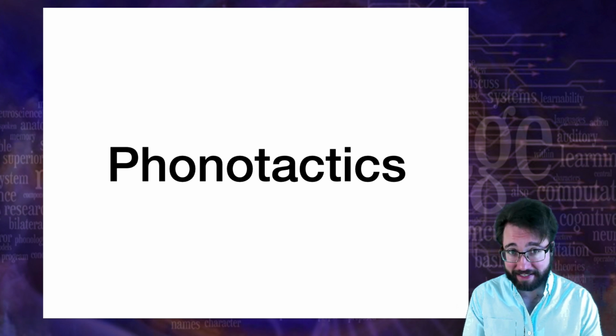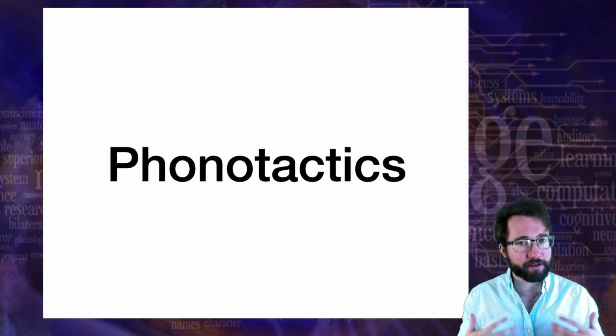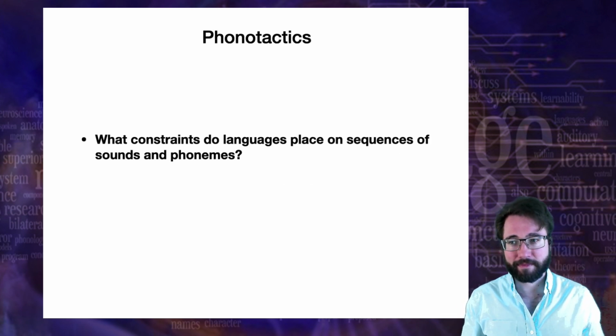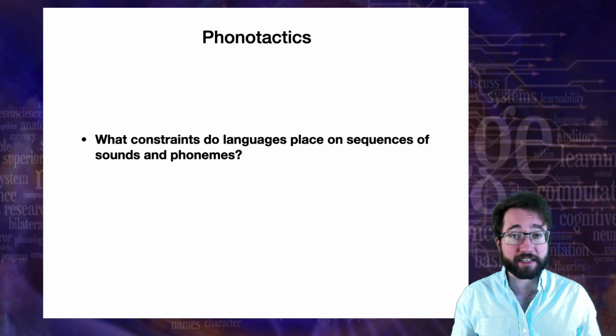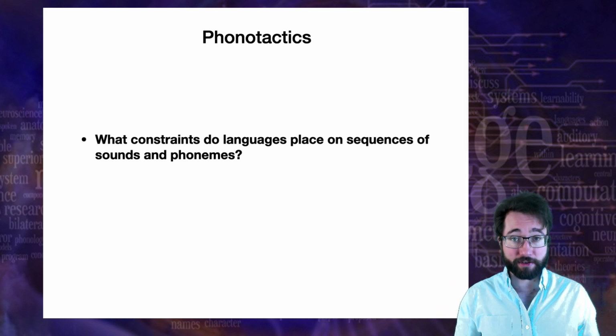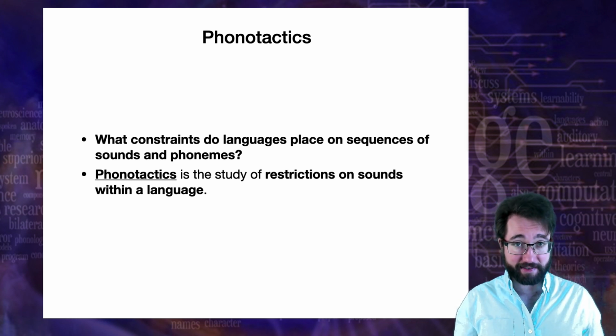And the phonotactics of a language is a lot of what gives each language its particular sound character. So what constraints do languages place on sequences of sounds and phonemes that go together to form words? Phonotactics means the study of the restrictions on sound combinations within a language.